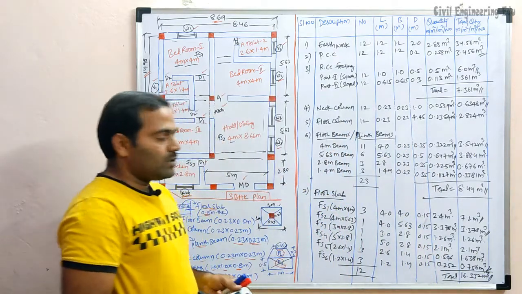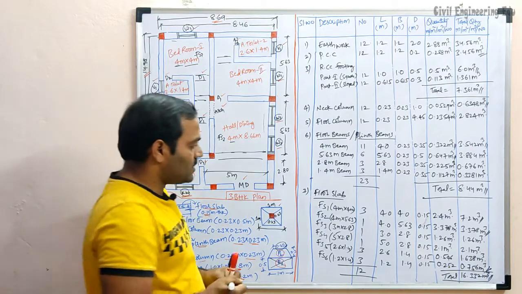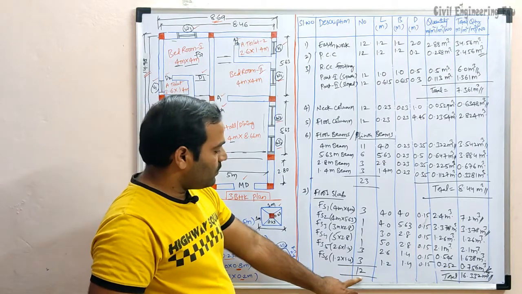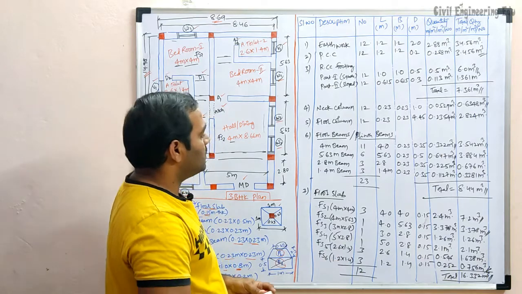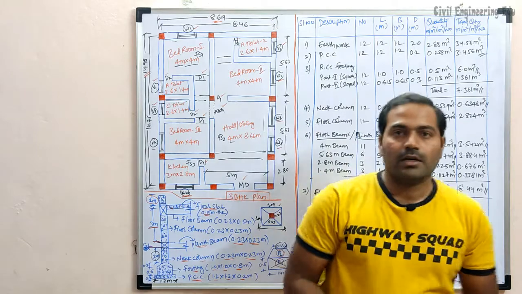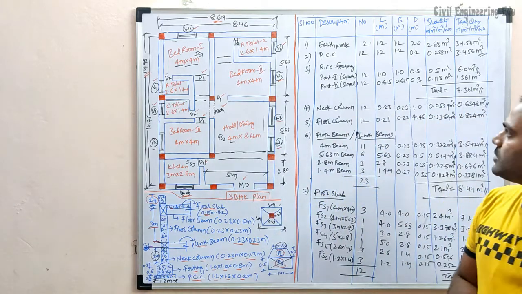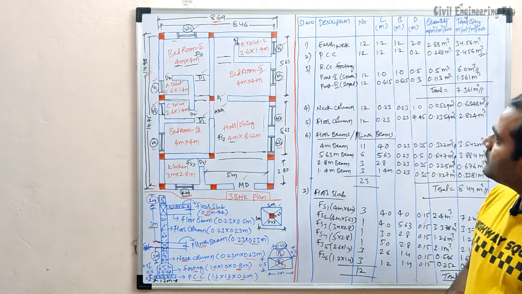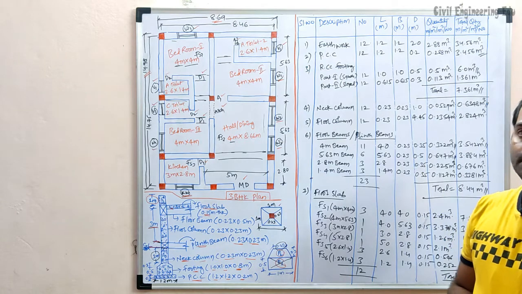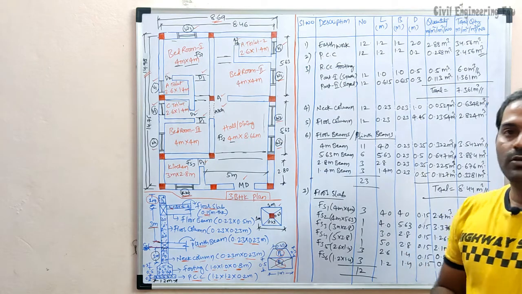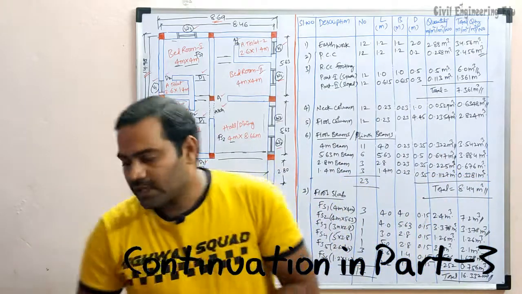This is the total quantity for the 6 panel types, a total of 12 panels including all. This is the calculation required for a 3 BHK plan, and here we have to calculate lintels also. If we calculate lintels, mostly the RCC part is over, RCC and PCC part is over. Now we'll get into brickwork and plastering, marble flooring and all. So let us see that also.